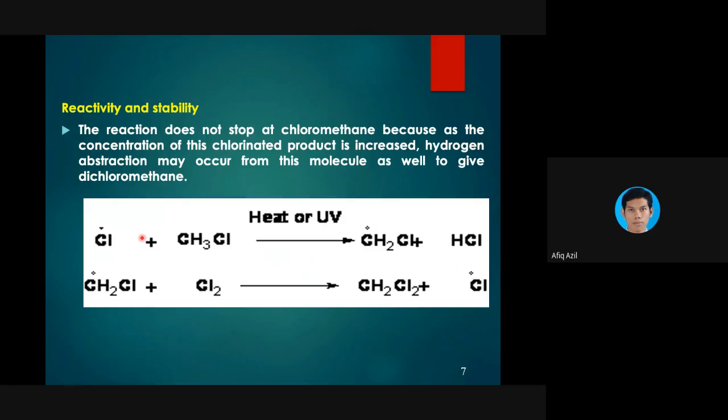In terms of reactivity and stability, the reaction does not stop at chloromethane only. Because as the concentration of this chlorinated product increases, hydrogen abstraction may occur from this molecule as well to give dichloromethane. So what happened over here?